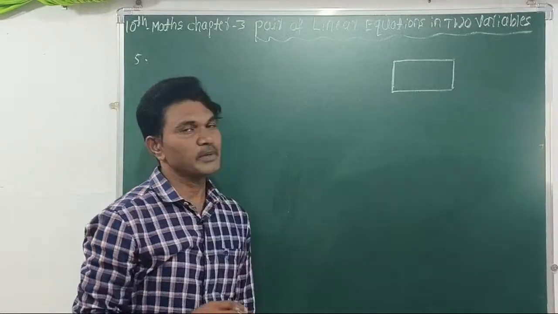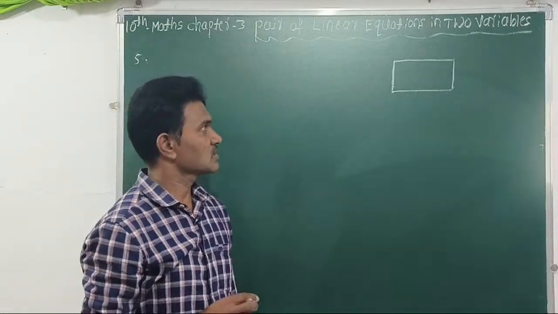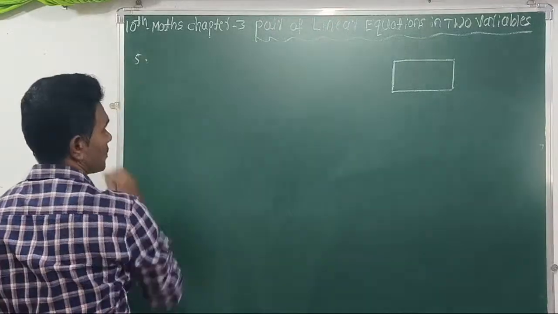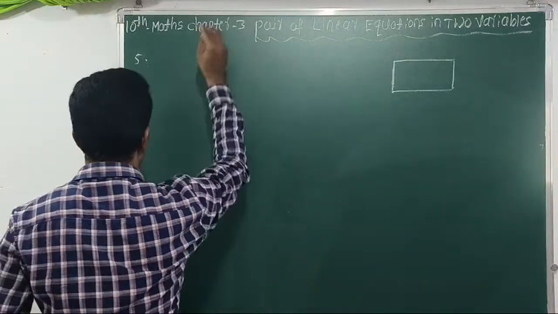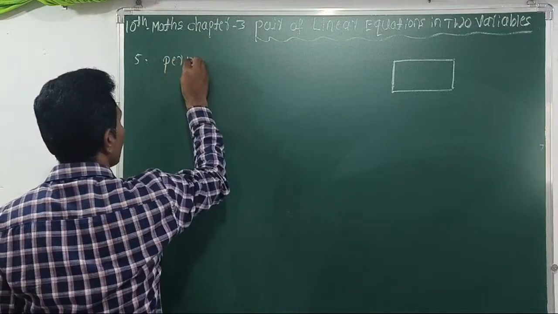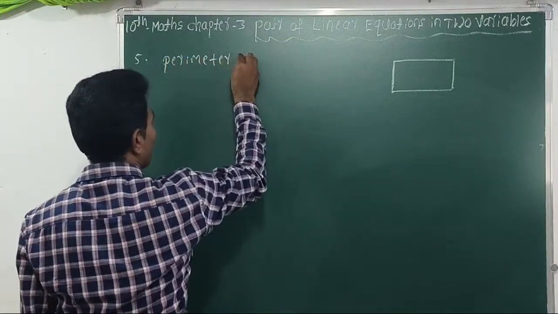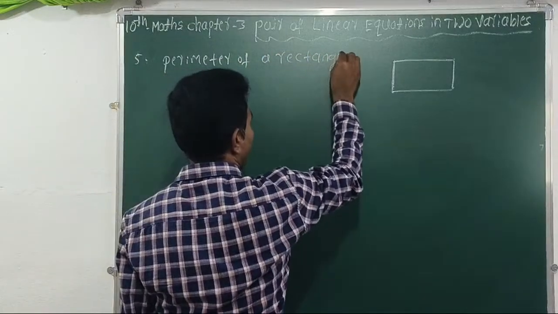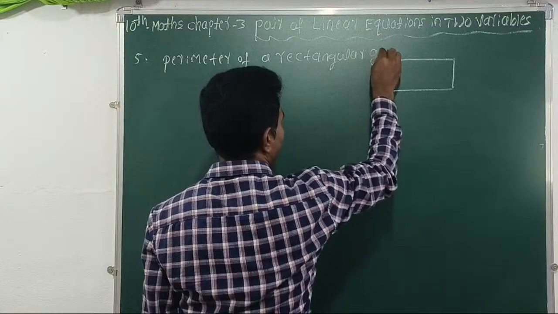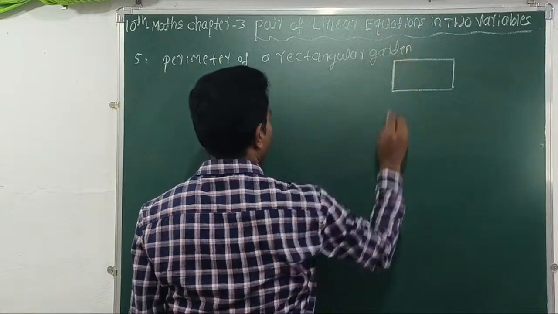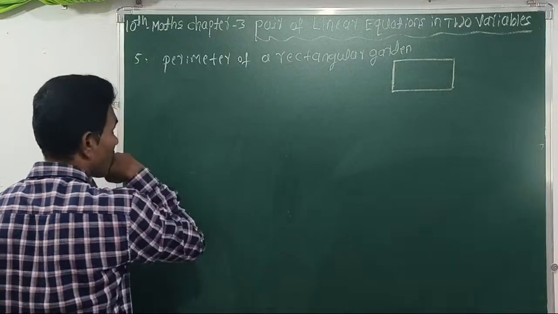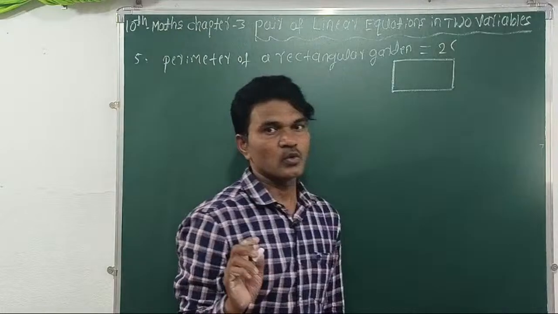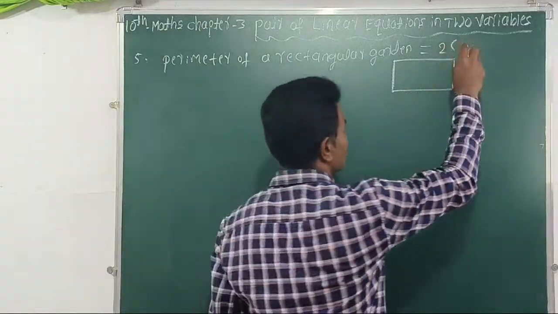We know that perimeter of a rectangle equals 2 into length plus width. Write down the formula. Perimeter of a rectangular garden is 2 into length plus width.